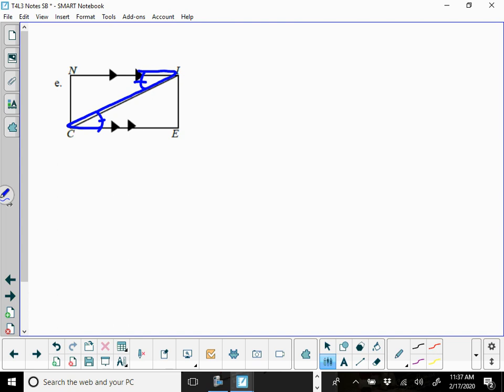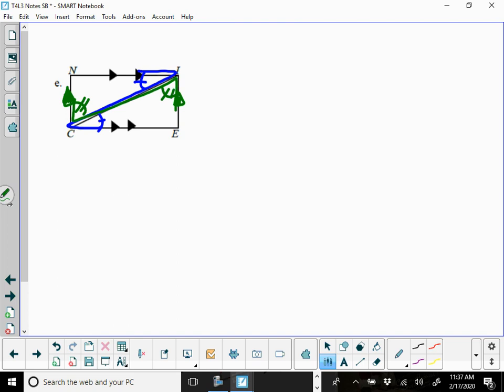Okay, same way, you should also, if you don't, you should have parallel symbols here. These are also parallel. Okay, so we can also do these two angles are congruent. Okay, so now we have the two angles.